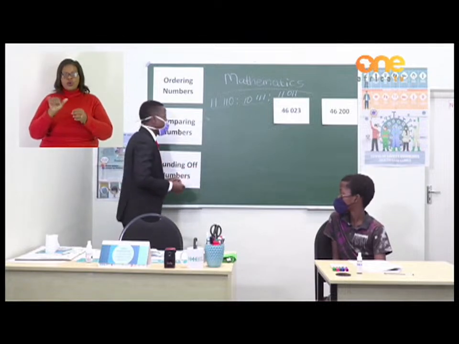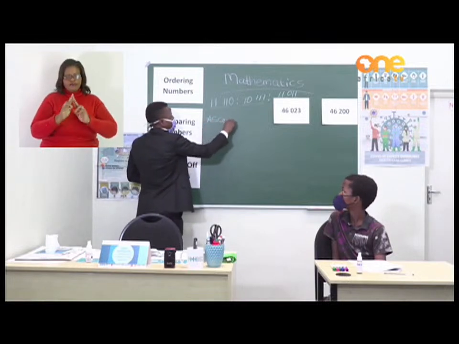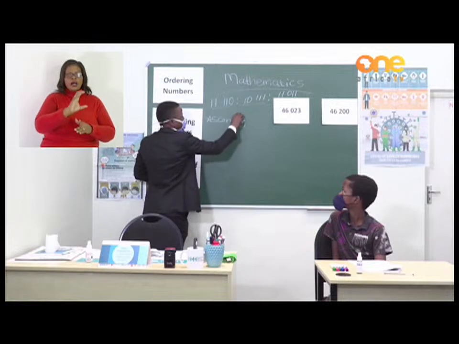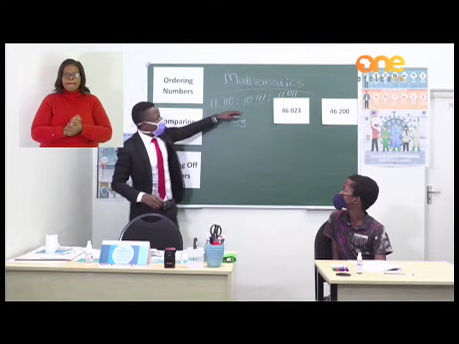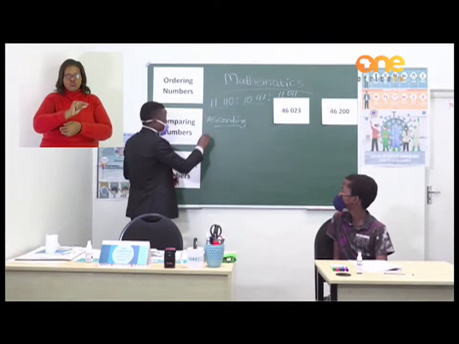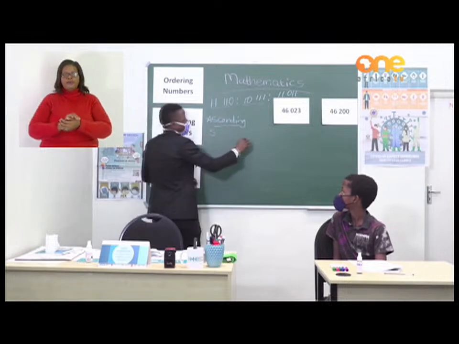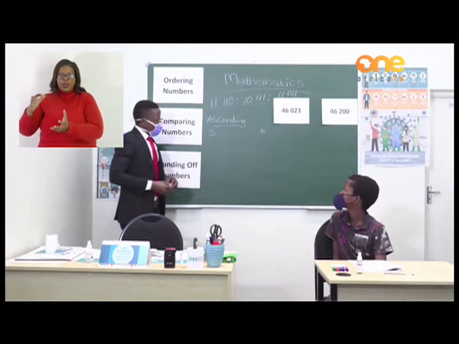Let's say we are putting them in ascending order. If I have to arrange these numbers in ascending order, I must first start with the smallest number and I must end with the biggest number.